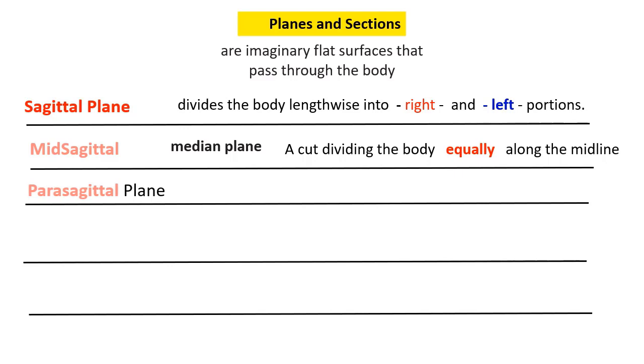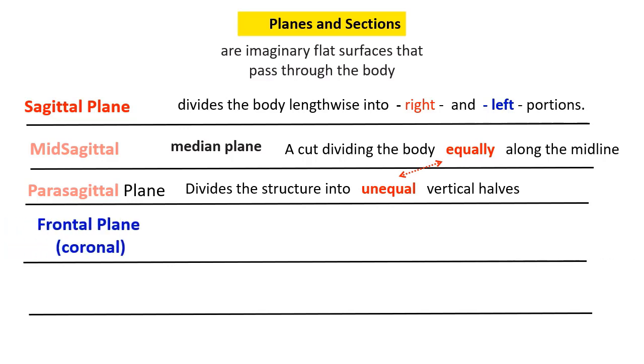The parasagittal plane is a vertical plane, but it divides the body into unequal parts, and you can see that this arrow compares the mid-sagittal with parasagittal.